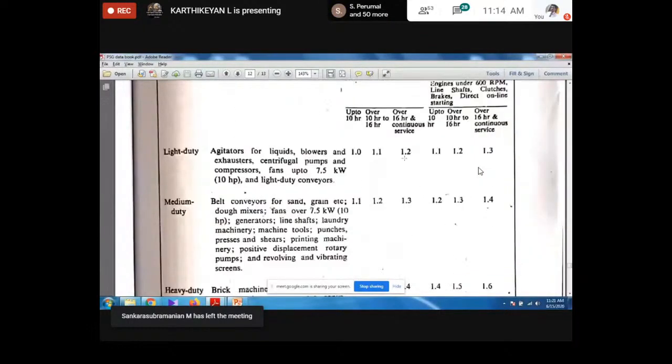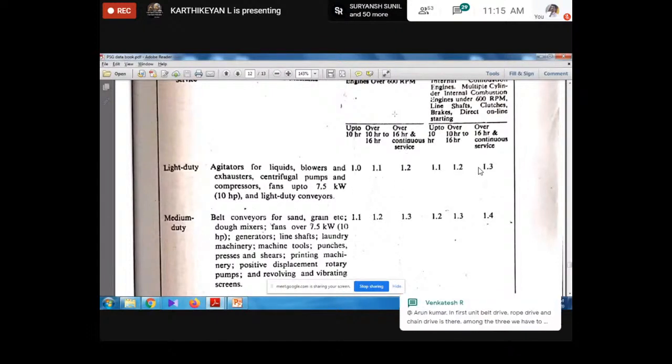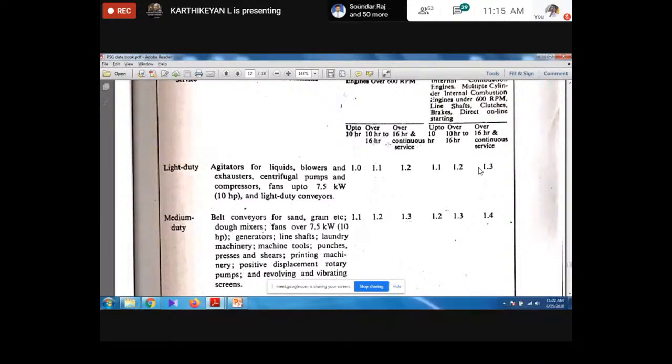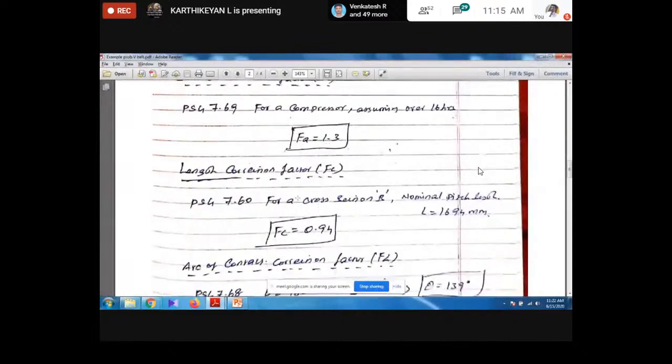I am interested in compressor usage with 16 hours and continuous service. So for medium duty, over 16 hours and continuous duty for a normal torque application, the factor value is 1.3. You may choose this one also. Over 10 hours to 16 hours, depending upon your assumption, you can choose that value. So my correction factor is 1.3. So FA is 1.3.